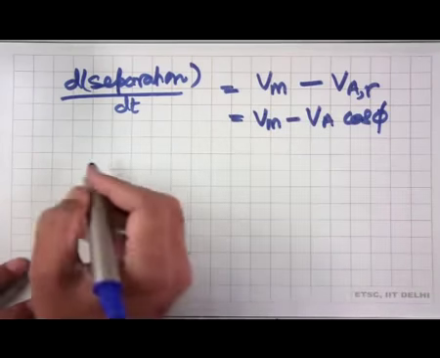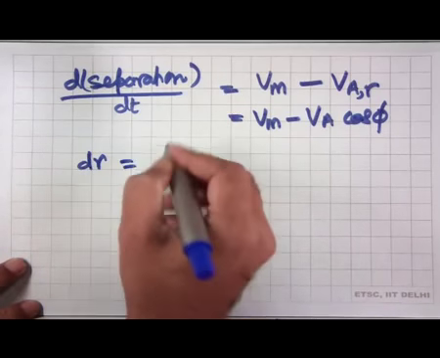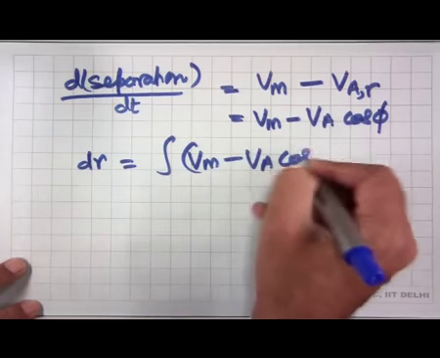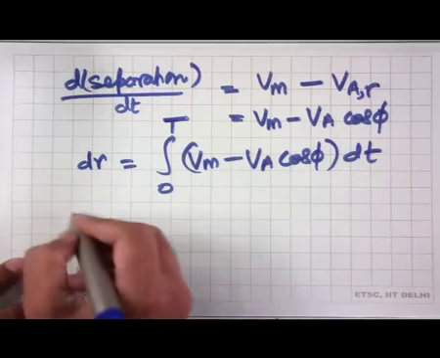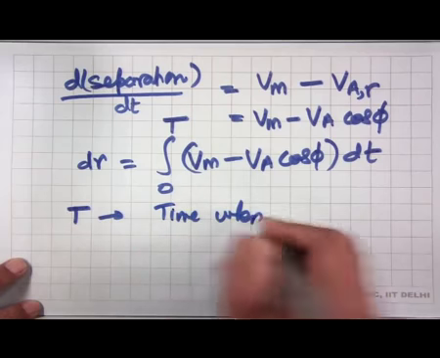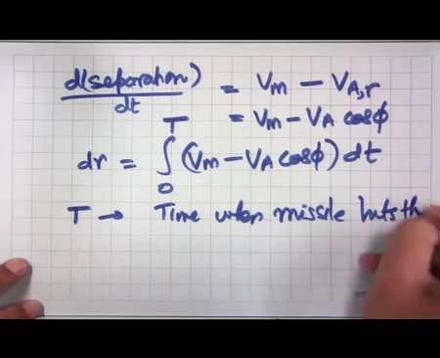And if I integrate this, then what I get is the integral of dr is equal to the integral of Vm minus Va cos phi dt from 0 to T, where capital T is the time when the missile hits the aircraft.